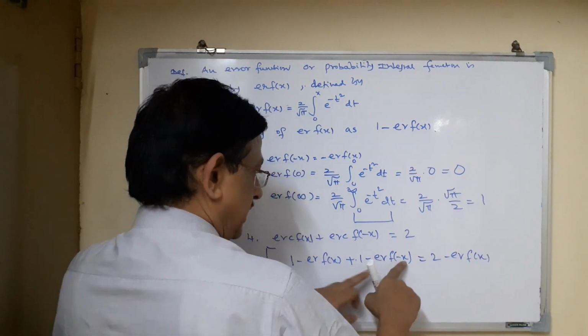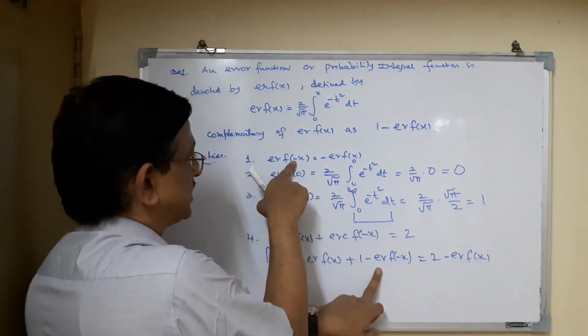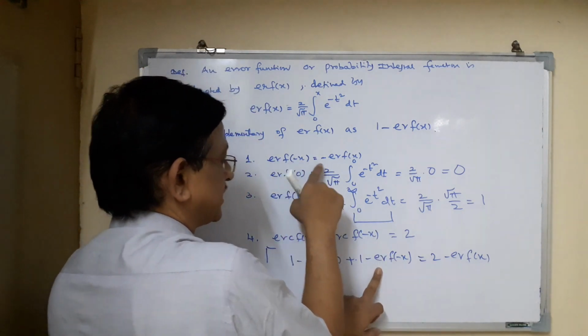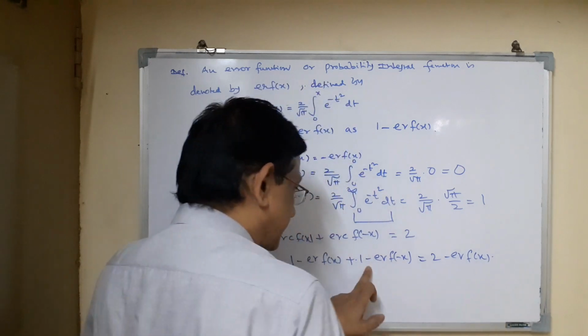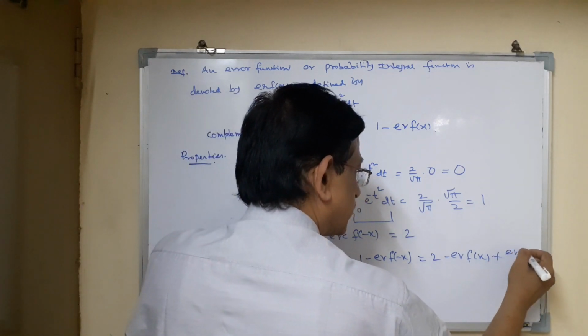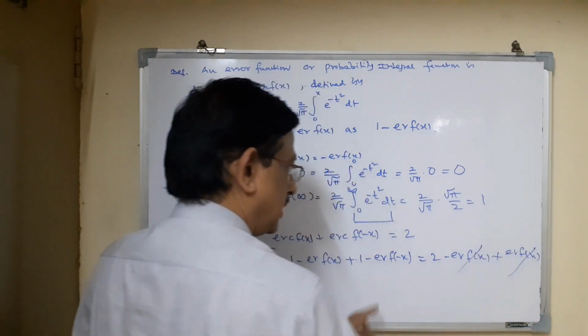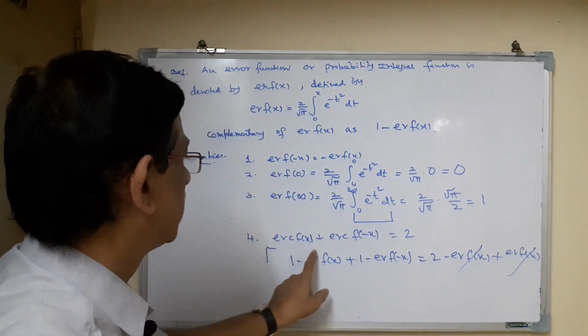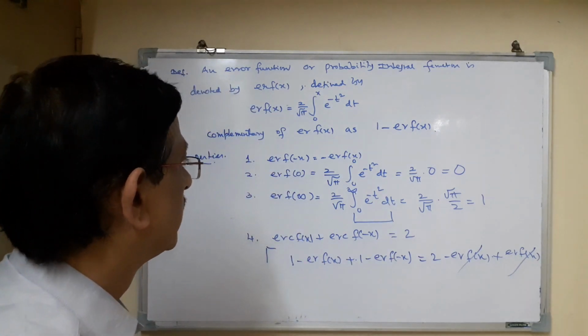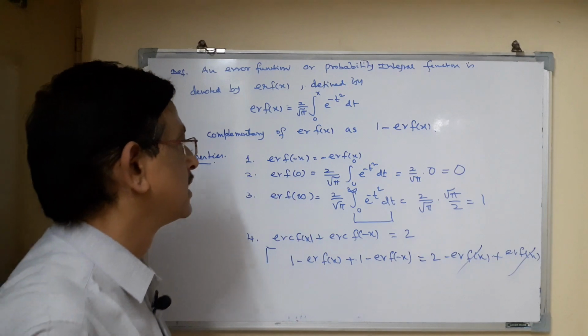Just now we have seen error of minus x is minus error of x. So minus of minus will become plus, so these two will go out. So the answer is 2.